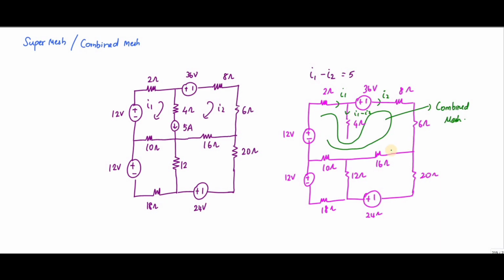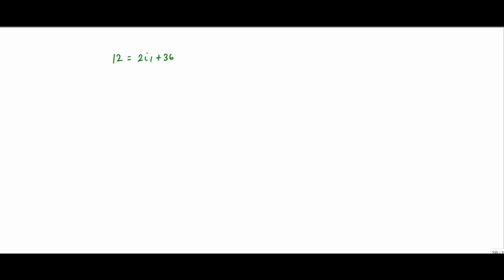And if I consider this is I3, then the I2 current is flowing in this direction and I3 is in the opposite direction. Therefore, I can write 16I1 plus 8I2 plus 6I2 plus 16(I2 minus I3) plus 10(I1 minus I4).